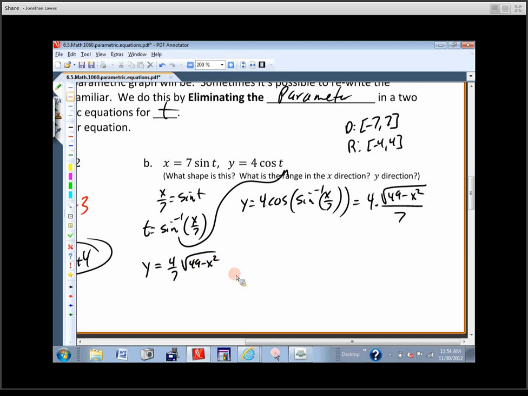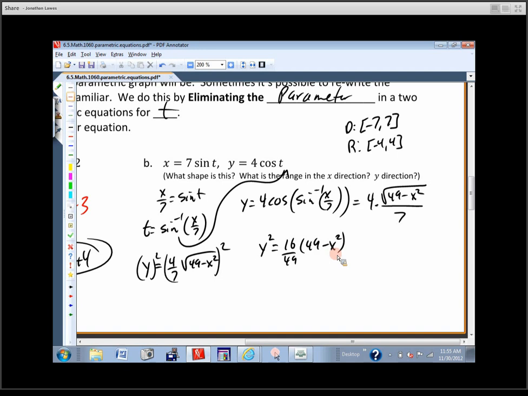Does anybody know what it is now? Okay? I'd be amazed if you knew what it was now. Let's square both sides. That's going to be y squared equals 16 over 49, and then this is going to be 49 minus x squared.